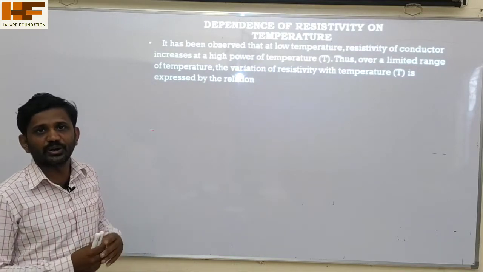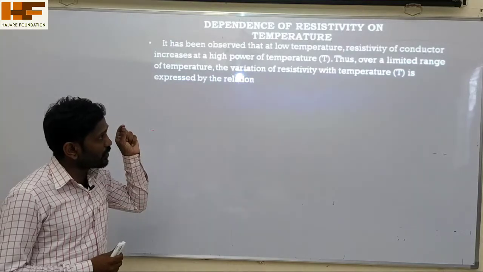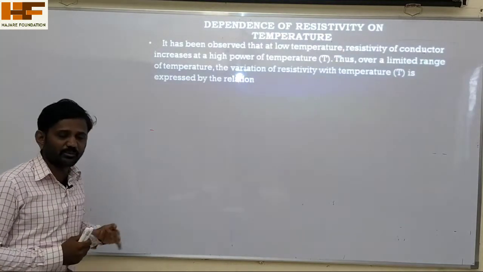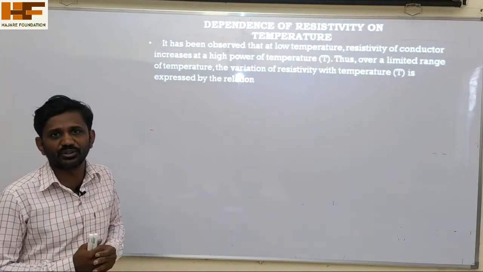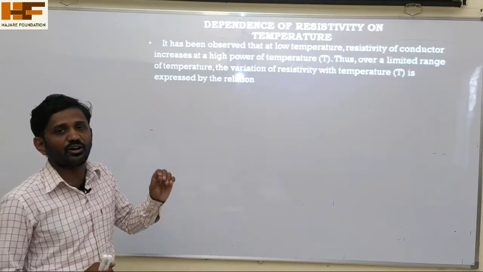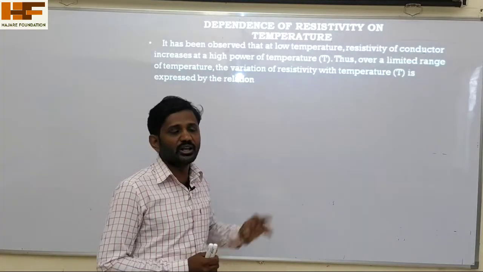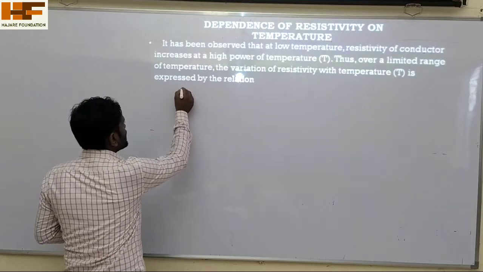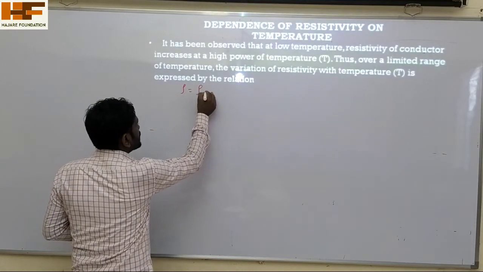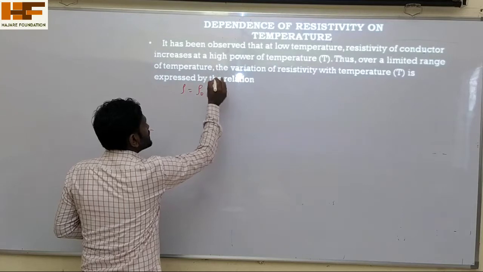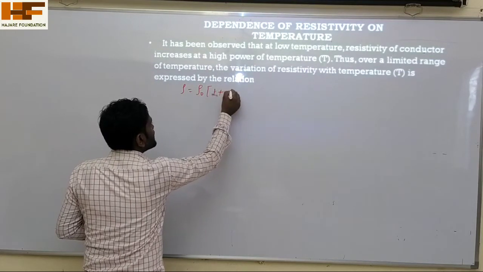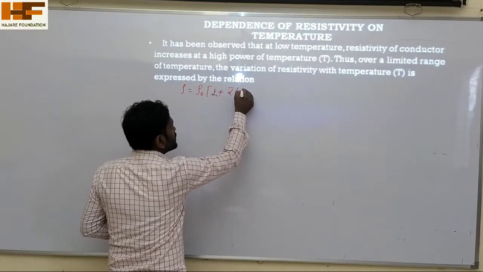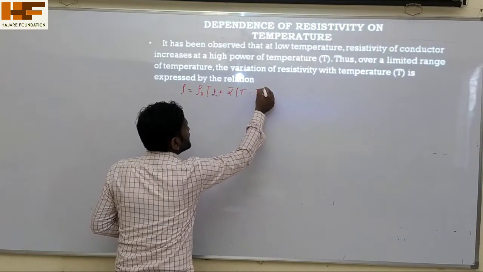That is why, over a limited range of the temperature, the variation of resistivity with the temperature is expressed by the relation rho is equal to rho naught into bracket 1 plus alpha bar into T minus T naught.